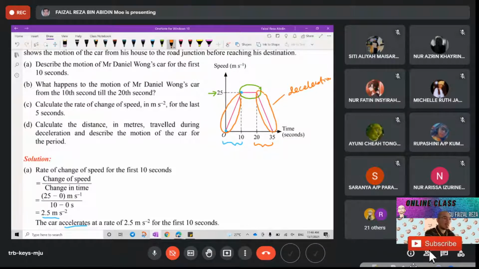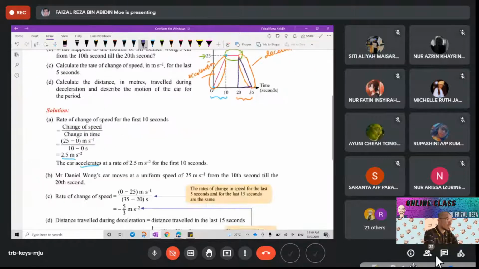Describe the motion of the car for the period. First of all, the question here, calculate the distance, so under a graph. This one is going to be our triangle over here.